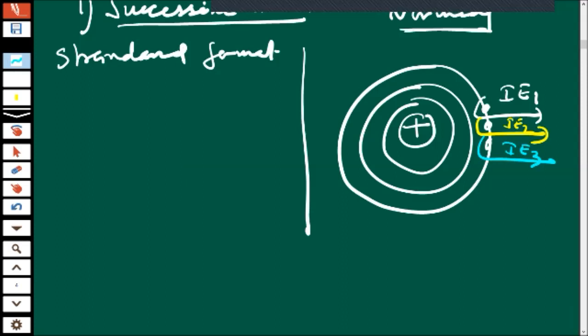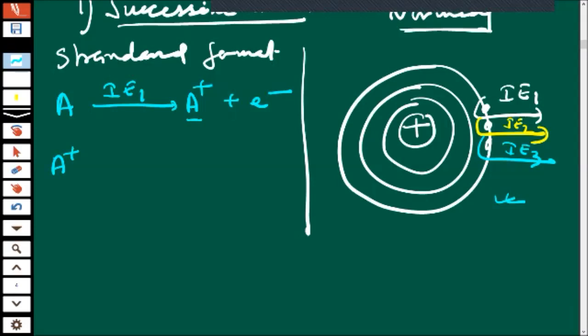In the same way, I want to write it in a standard form. Suppose it is an atom and I provide IE1, the first ionization energy. It becomes a cation as one electron is removed, and here the energy required will be less. But if you want to remove the second electron, it will be removed from the cation, and the cation is smaller than this atom.